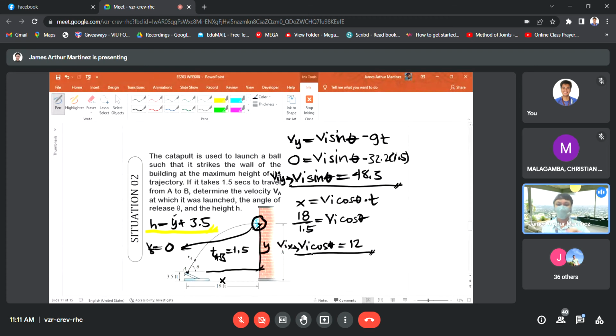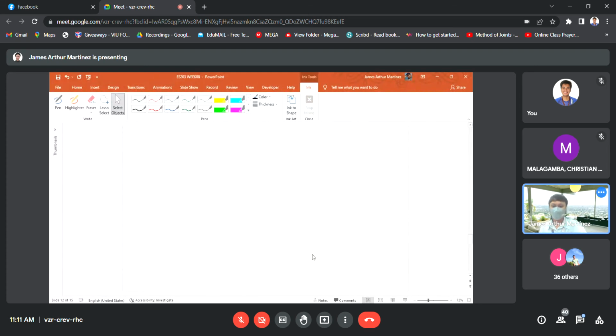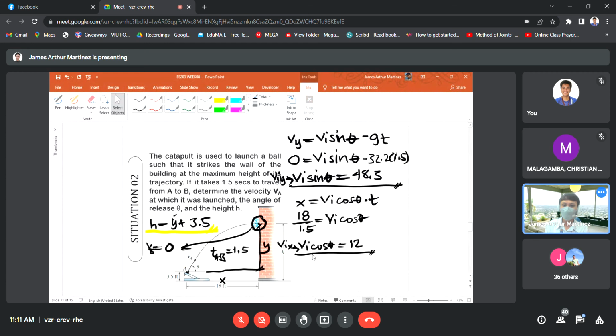You have to take note that your initial velocity Vi should be equal here, since they are just the same, equal in magnitude. So we can use that in the equation. Let's express Vi as 12 over cosine theta by dividing the equation by cosine theta.